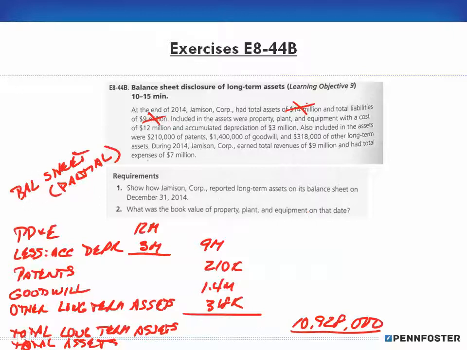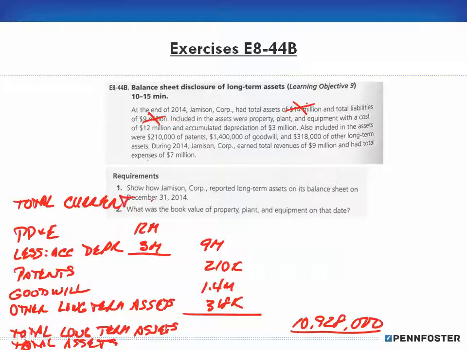I would have a total current assets here of some amount. Okay, so we'd add those two together. We get some dollar figure here, and that would be underlined here for my total assets.